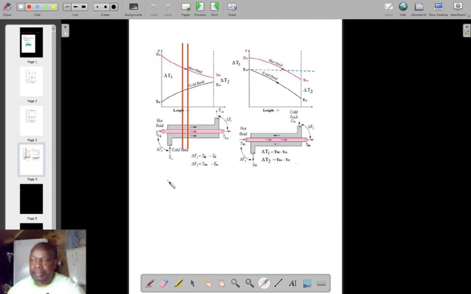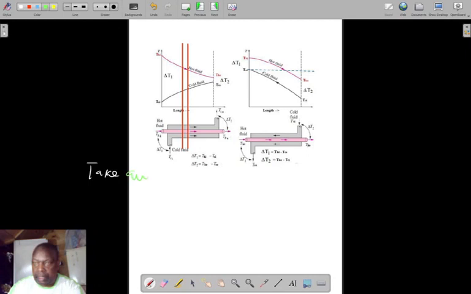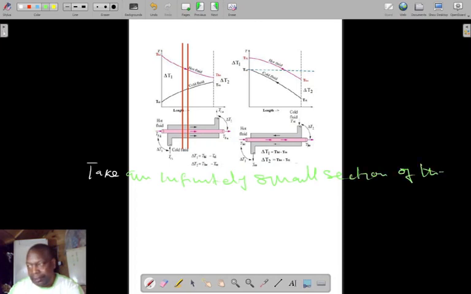So let us take an infinitely small section of the exchanger such that its area is equal to dA.